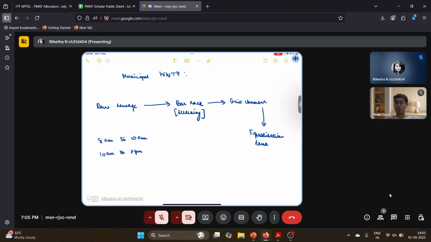So what do we do in that case? When there is high flow, especially in mornings and evenings, we store the excess in an equalization tank, and when the flow is lean, the stored sewage water is released. So an equalization tank is used to equalize the flow, or to maintain a constant flow.